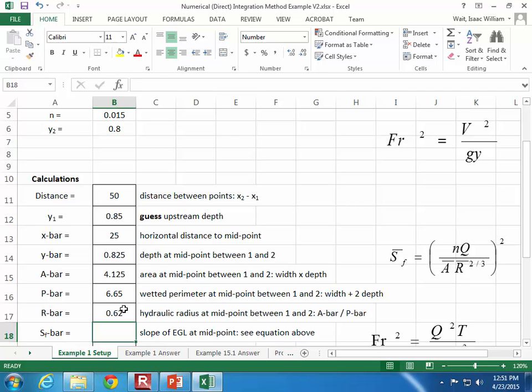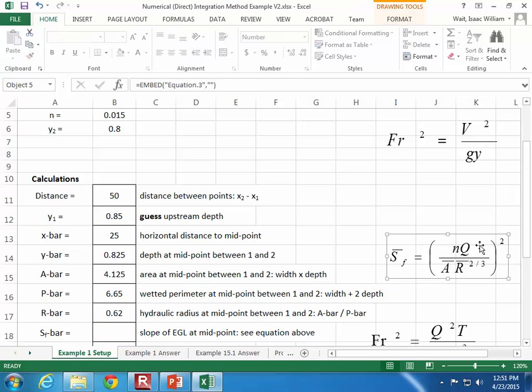Now this is the first one that's maybe a little bit tricky in terms of translating an equation into Excel. This is just Manning's equation solved for the slope of the energy grade line, and I want to do it at the midpoint. So here's my energy grade line above the water surface, and I want to know what that slope is at the midpoint.